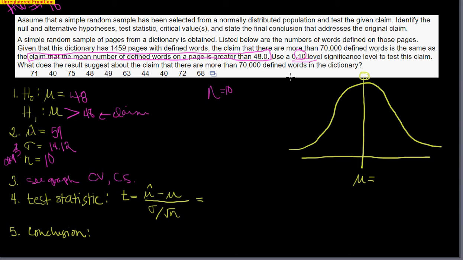There's our critical space. Because we are greater than, we have a right-tailed test. It's a pretty big significance level. So we know that this area here is now 0.1. I don't even need to carry it out to 4 places because we're not going to a z-table. We are going to the t-table.